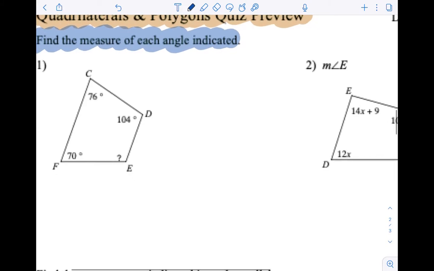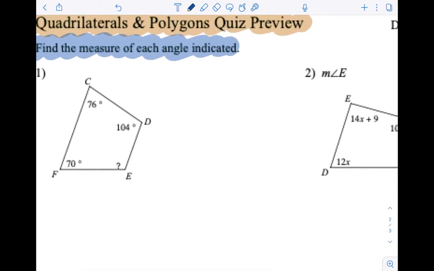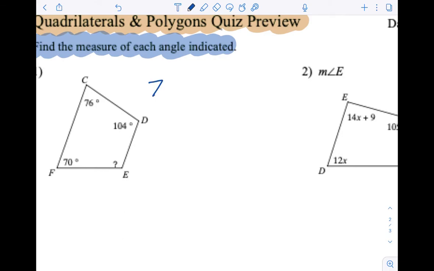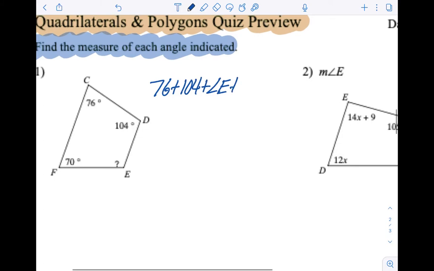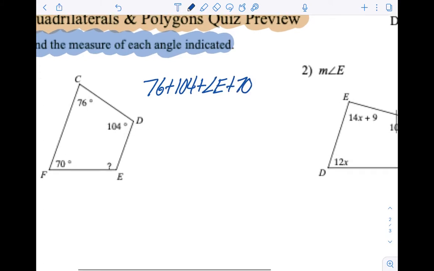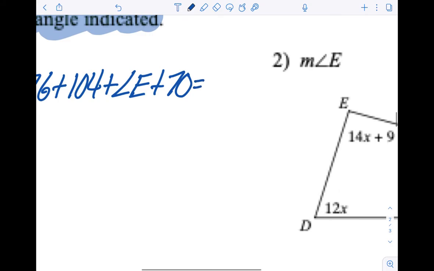So I'm going to go in order. Angle C is 76. Angle D is 104. Angle E, I don't know what it is, question mark. Plus angle F is equal to 360.